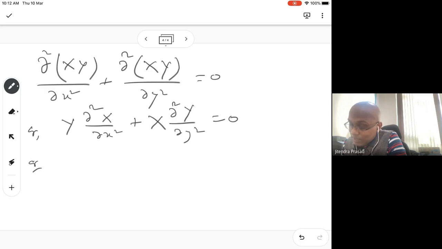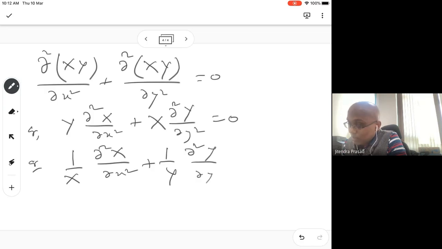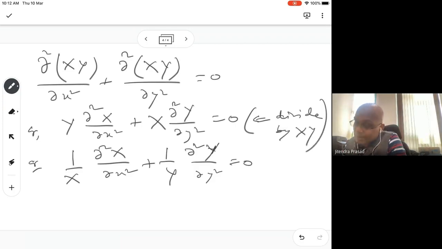So what will you get? You will get 1 over X del square X over del x square plus 1 over Y del square Y over del y square, where this is a capital Y, is equal to 0. So what we did was divide by XY. Now what will you do?